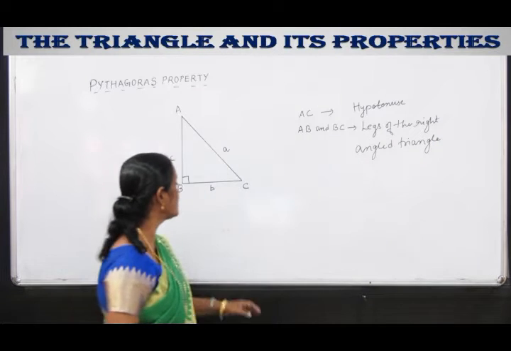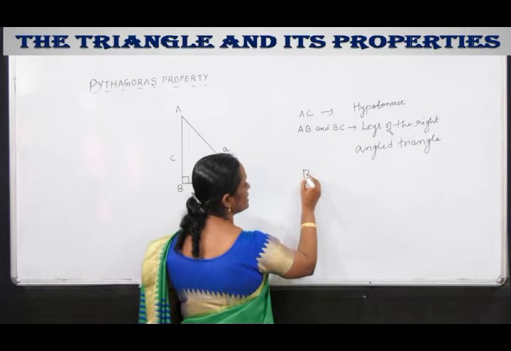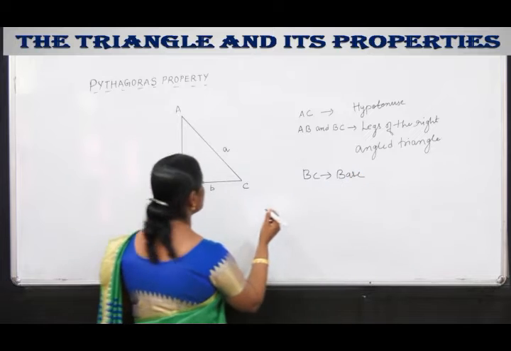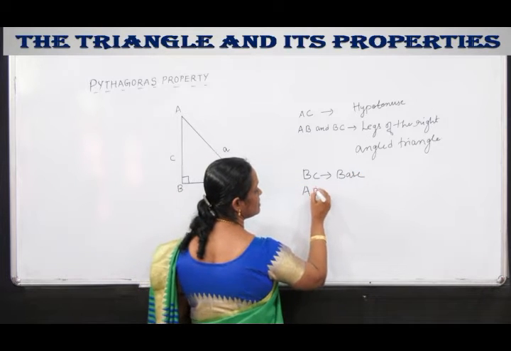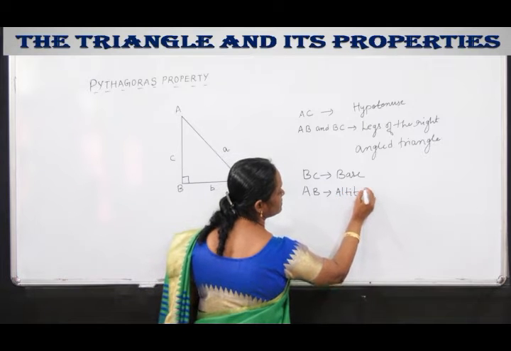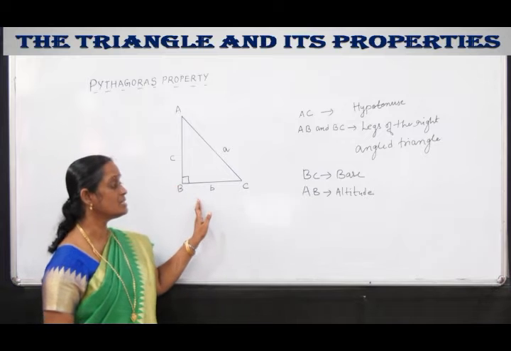You can also call side BC the base, BC को हम base बोल सकते हैं, and AB the altitude or height. AB is the altitude or height and BC is the base.